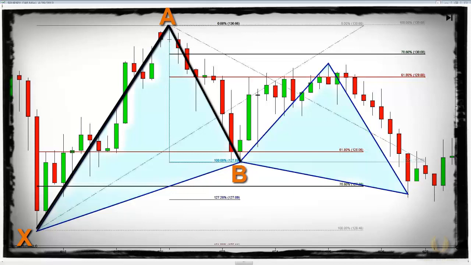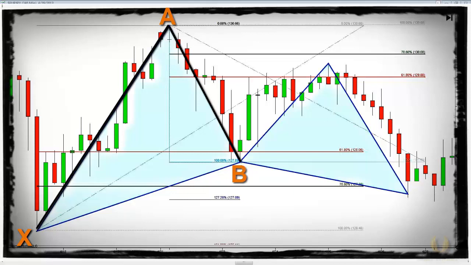This means that the wick of the candle must at least touch the 618, yet cannot touch the 786 retracement. Again, the wick of the candle must at least touch the 618 retracement, yet if it touches the 786 retracement, the pattern is invalid.